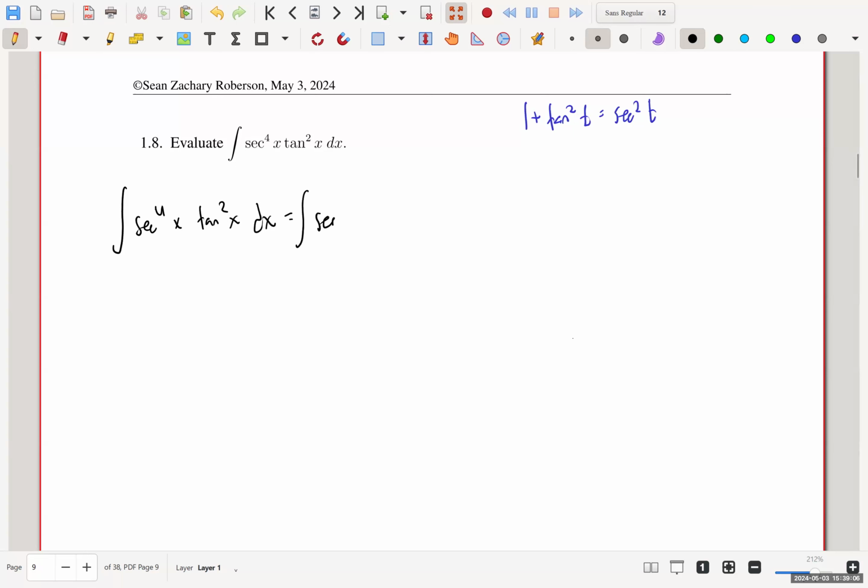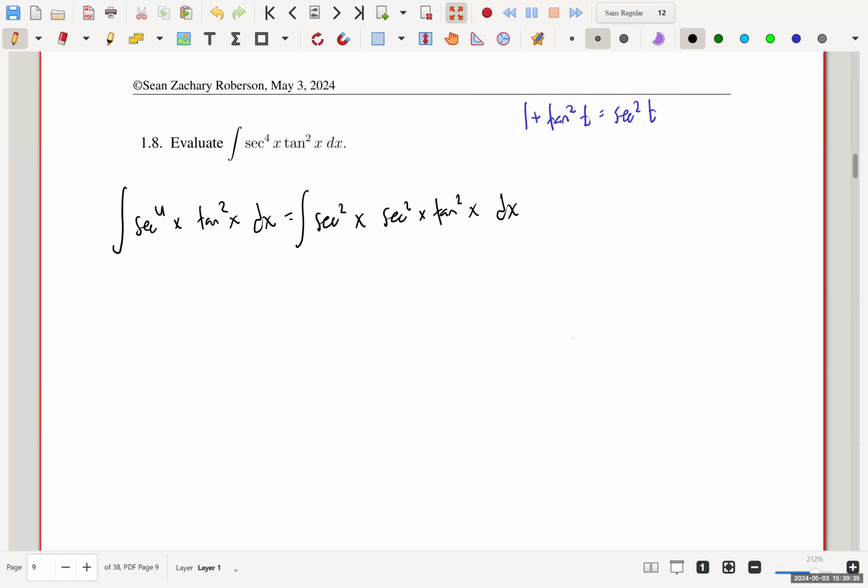So I have secant squared times secant squared times tangent squared. All right. Now take a look at the identity that I just wrote down. Can I use that in some way? Remember, for these kinds of things, I want to force a variable change. What can I do here?